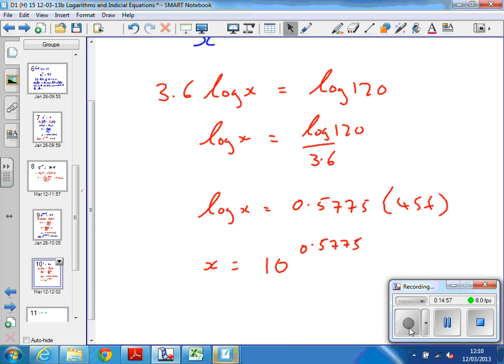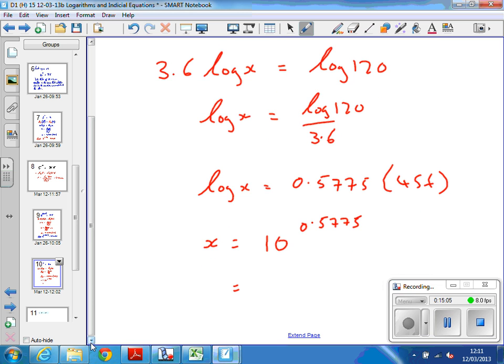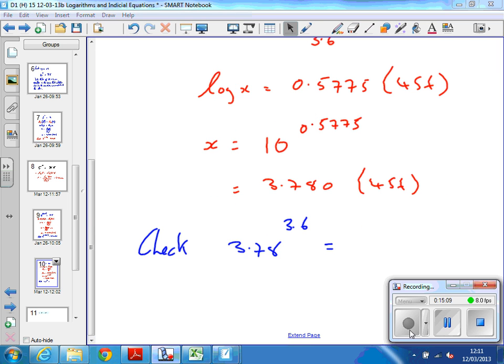So x equals 10 to the power 0.5775, which is, so we have x equals 3.780 to four significant figures, so 3.78 to the power 3.6 should be round about 120. Near enough, okay?